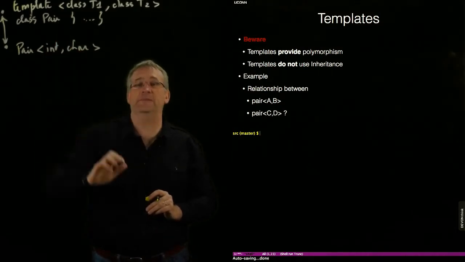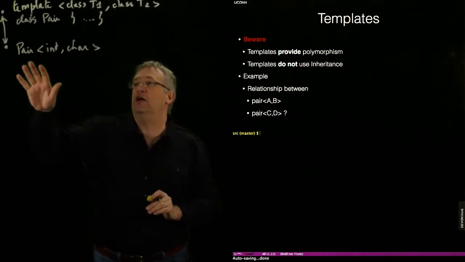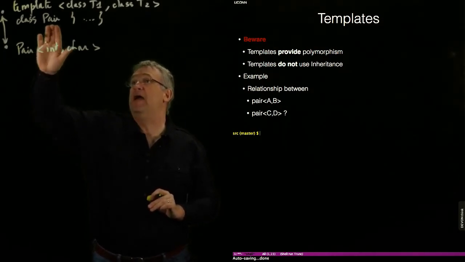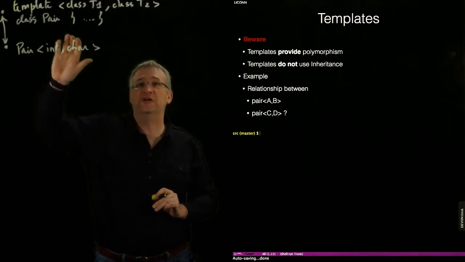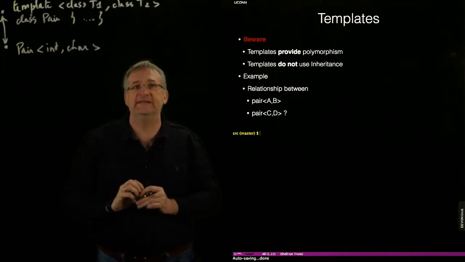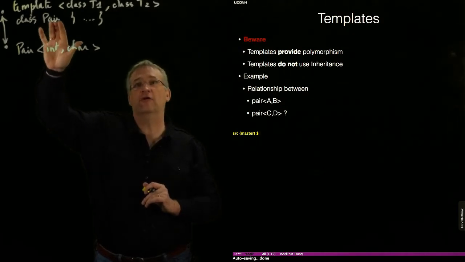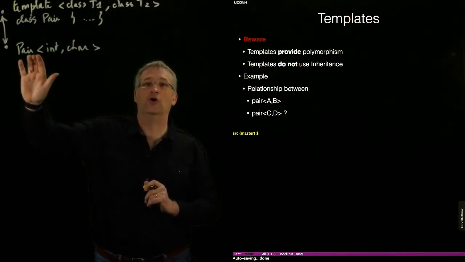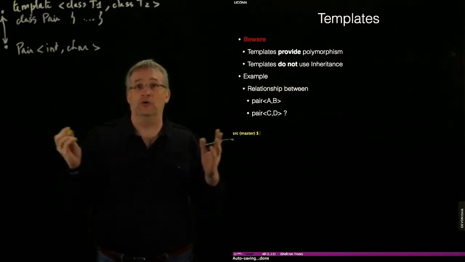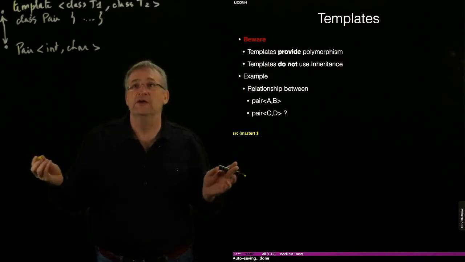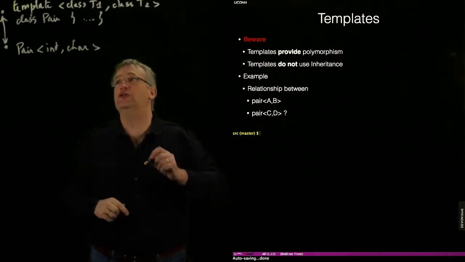This is not a subtype of that. I cannot say that, yes, they are pairs both, this one specializes that, but it's not related in any other way. In particular, I cannot make a vector of generic pair and store a concrete pair into it. Those types are not related, right?